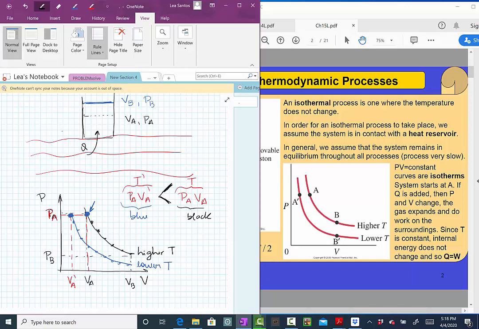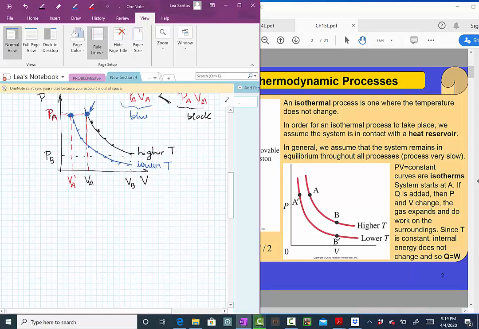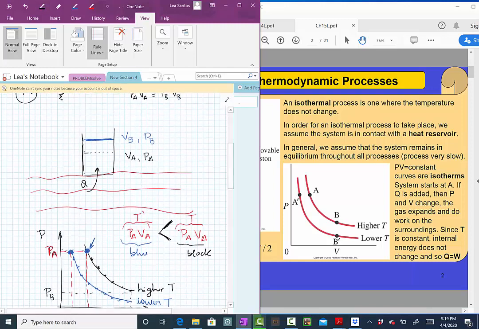There is one more important thing to talk about with these isothermal processes. Let's discuss the scenario that we had here. We said that heat is being added and then the volume changes. Volume changes means work is being done, work being done by the system.